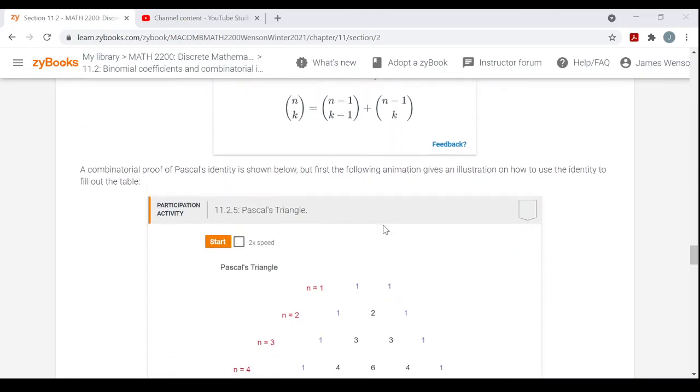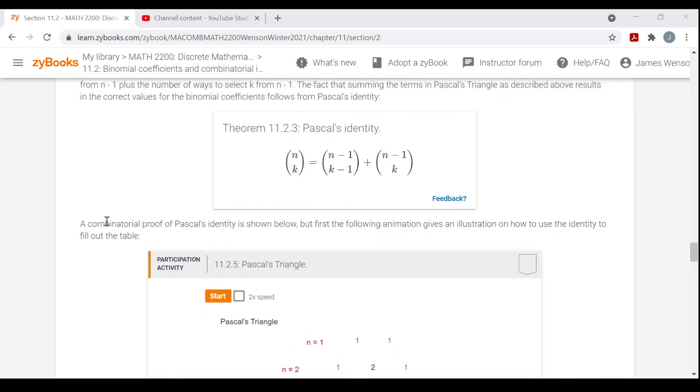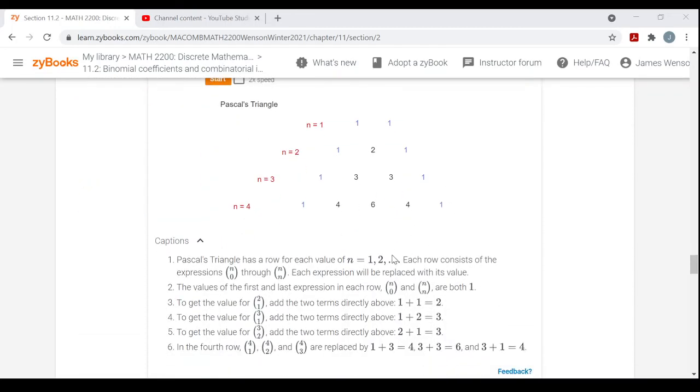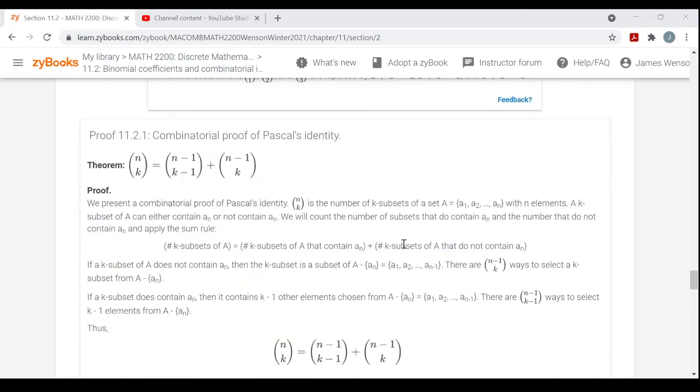All right, so they show you here a combinatorial proof of Pascal's identity. But first, the following animation. They just basically show you what I wrote on paper. You can read through this if you wish. This is just using counting principles.